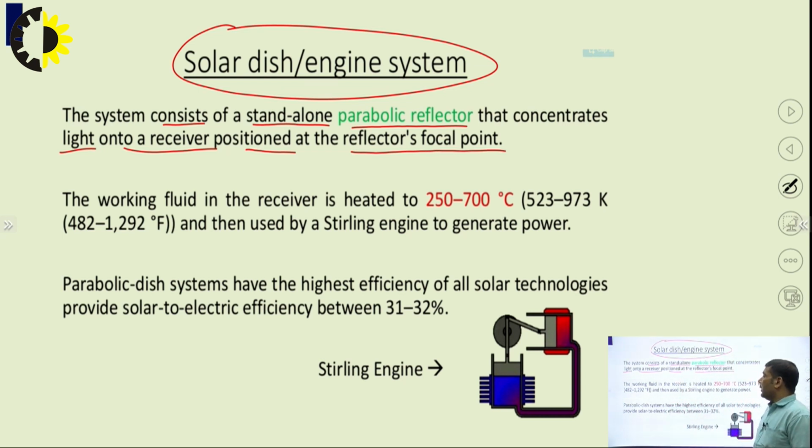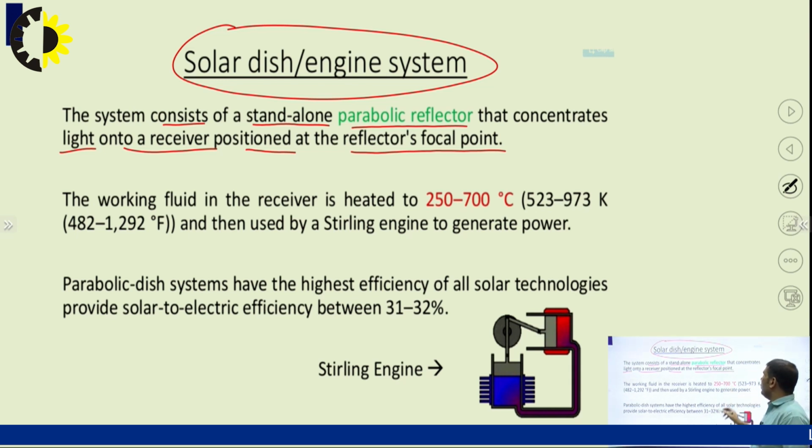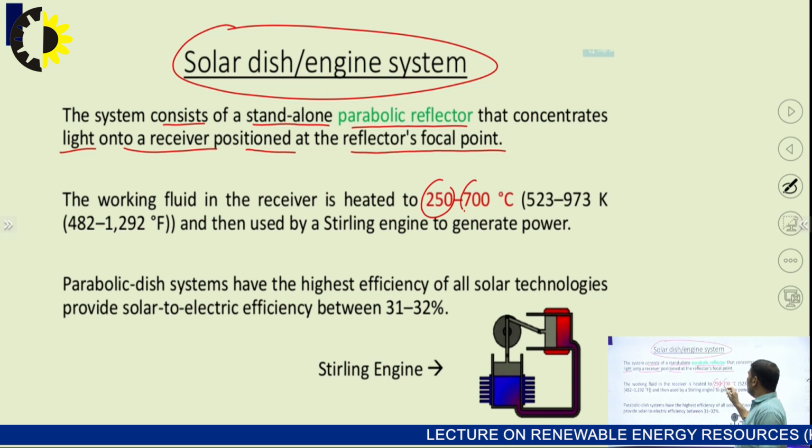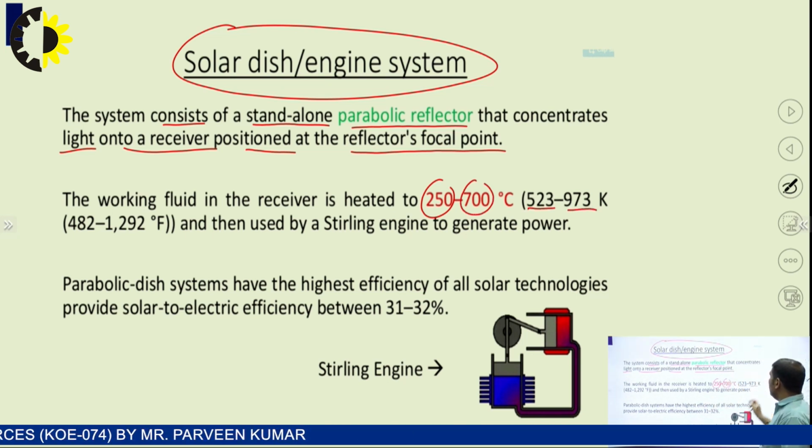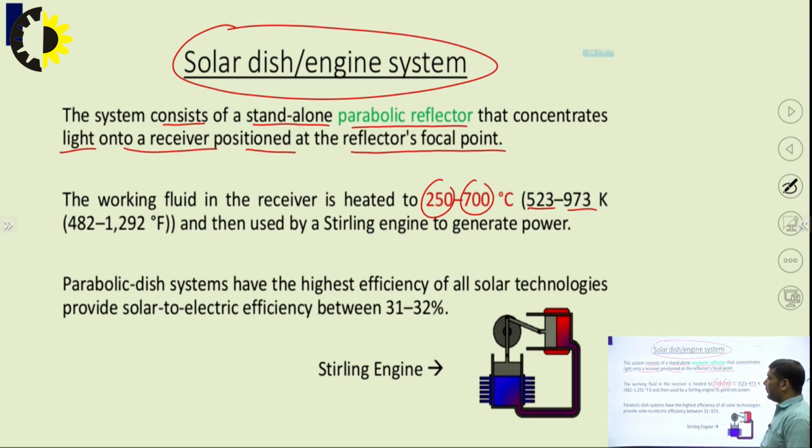The working fluid in the receiver is heated up to 250 to 700 degrees Celsius, or 523 to 973 Kelvin, or in Fahrenheit, 482 to 1292 Fahrenheit, and is then used in a Stirling engine to generate power.